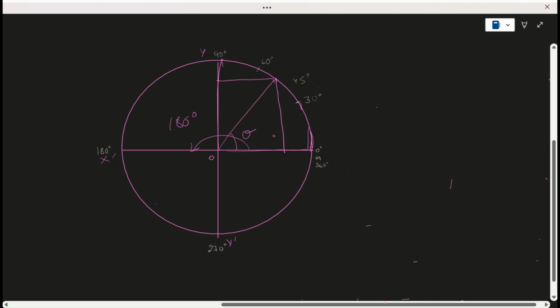Therefore, as this tends to here, the value is consistently coming in the opposite quadrant. And at 180 degrees, this will again be moving in the second quadrant.